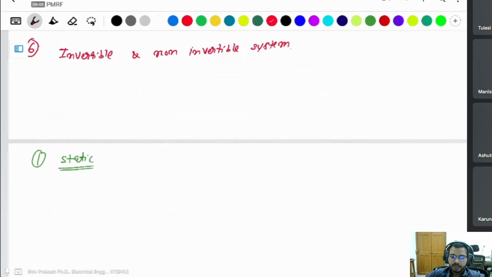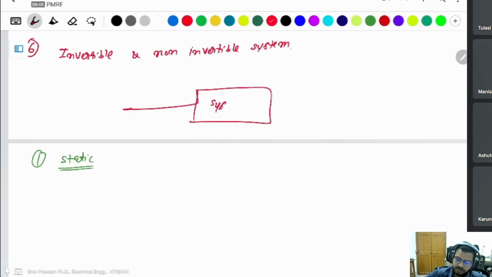If the given input at that instant gives the output, this system is a static system. A dynamic system has some past and future values, then after some delay it shows the exact output, and that system will be a dynamic system. Like this system, you give some input to this system, it processes the output.